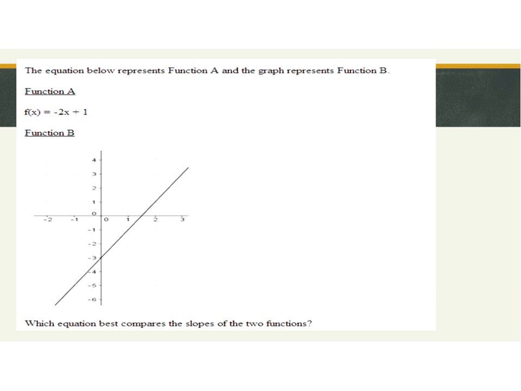The equations below represent function A and function B. Now, which equation best compares the slopes of the two functions? Now remember, slope is rise over run. So we can figure out the slope just by finding the rise over the run.